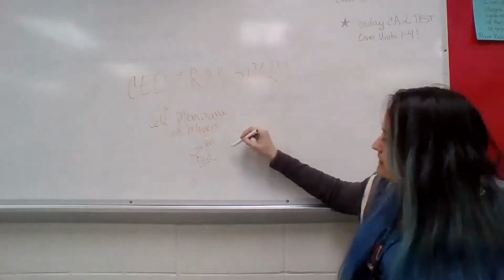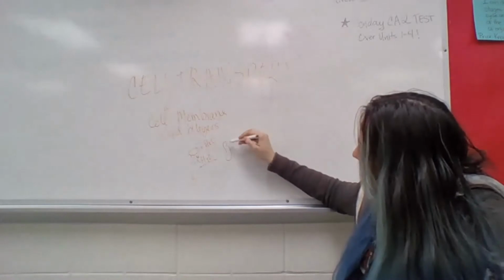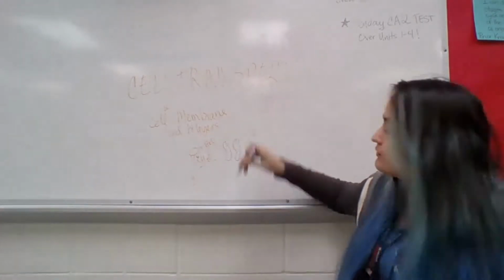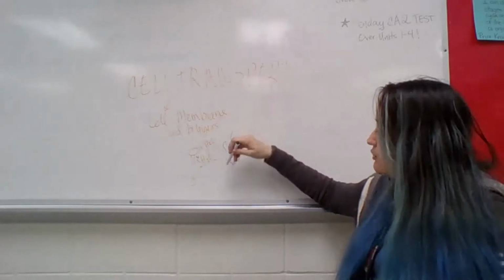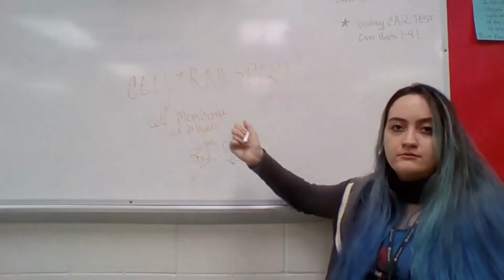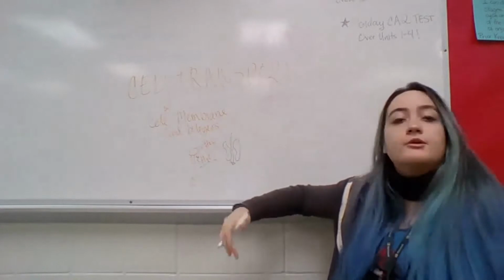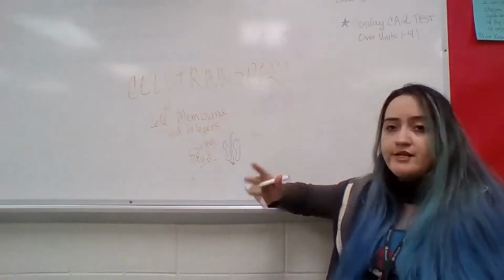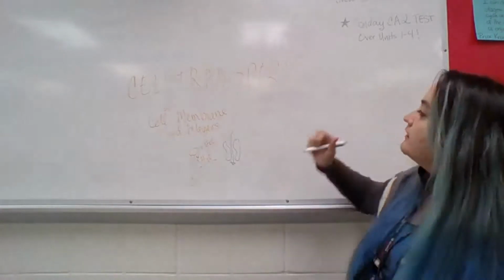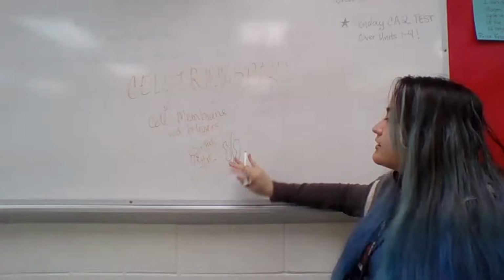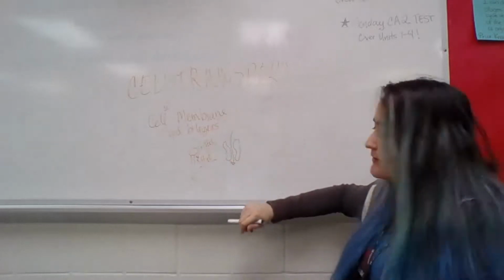Now, sometimes we have these proteins along the membrane through which some larger molecules can get by. These are called protein channels or protein pumps, depending on whether they use energy or not. So we have a few processes that take place in order to transport things in and out of the cell.